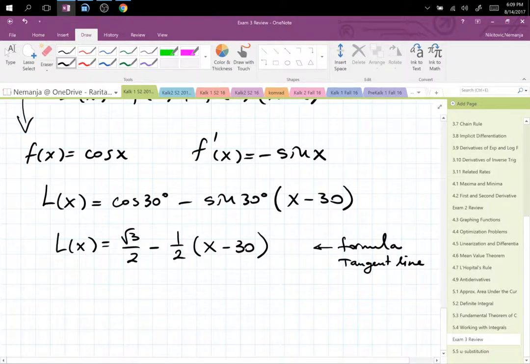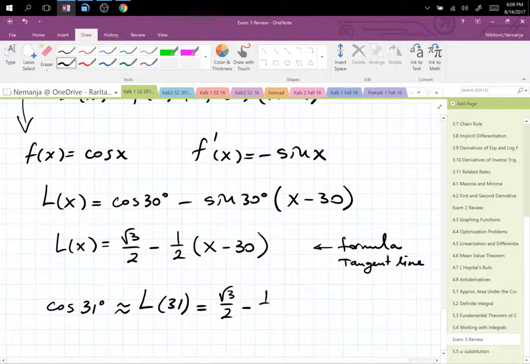And now you want to know how much is cosine of 31. So cosine of 31 degrees is approximated by L, computed at 31. So we have root 3 over 2 minus 1/2 of 31 minus 30.